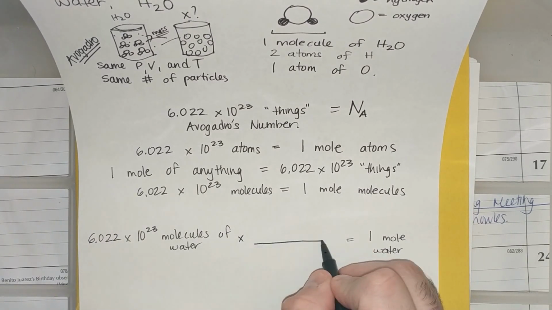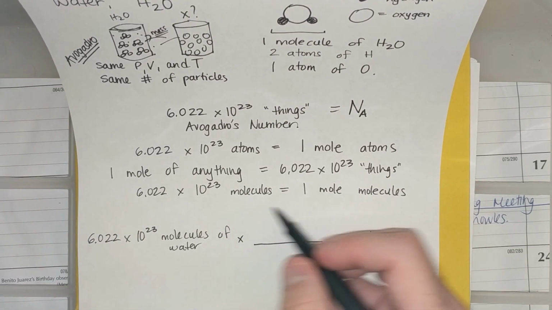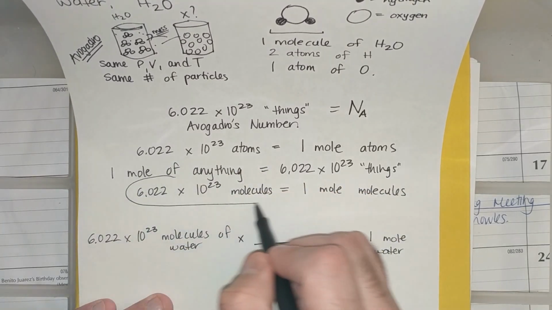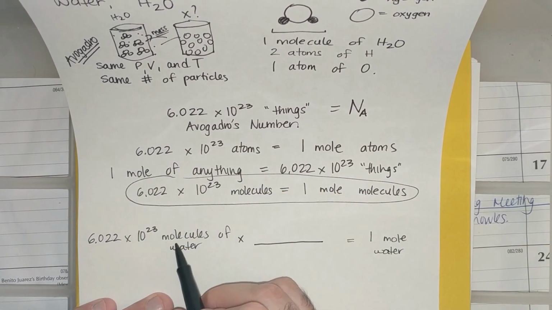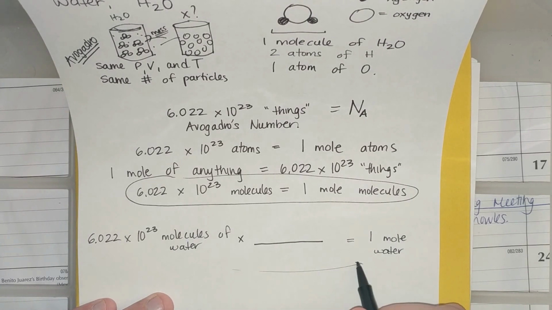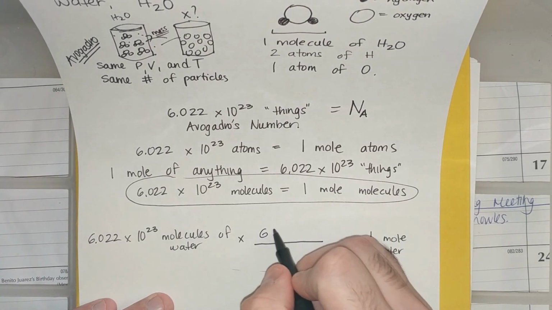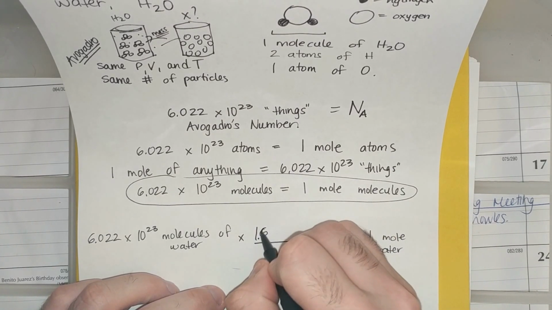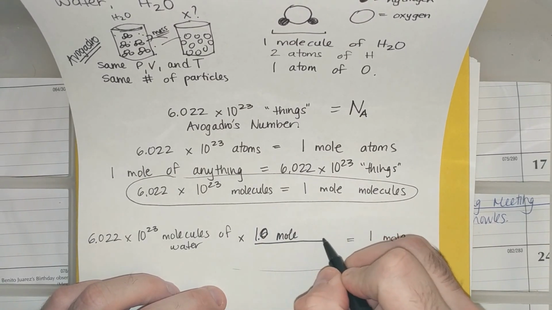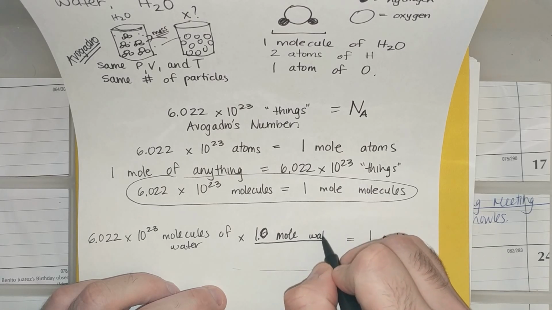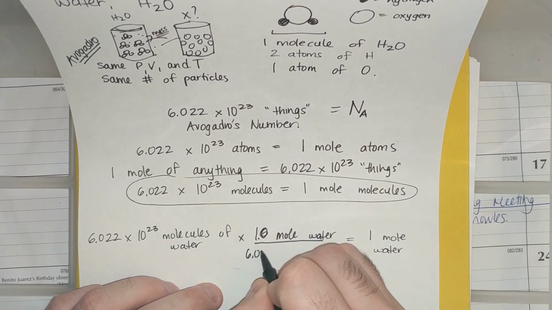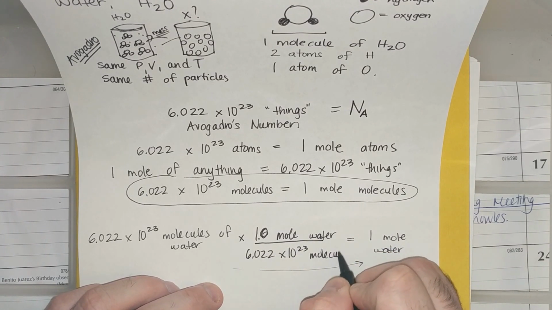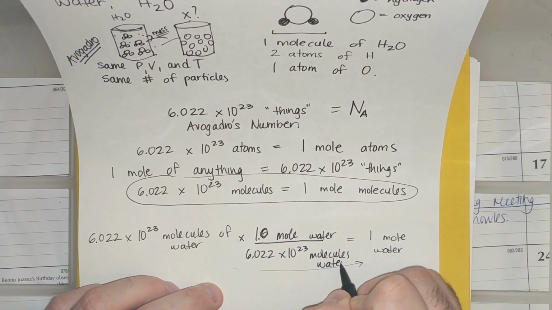So we set up a relationship here. My relationship becomes this, right? Molecules to moles is dividing by Avogadro's number. So, sorry, 1 mole of water over 6.022 times 10 to the 23rd molecules of water.